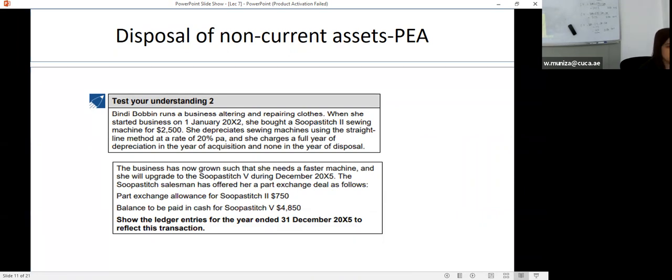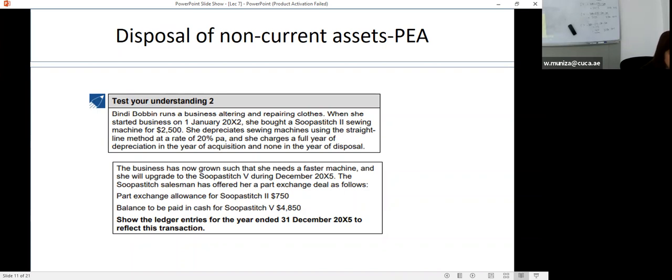Students, one by one pass all the accounting entries. Just pass the accounting entries.